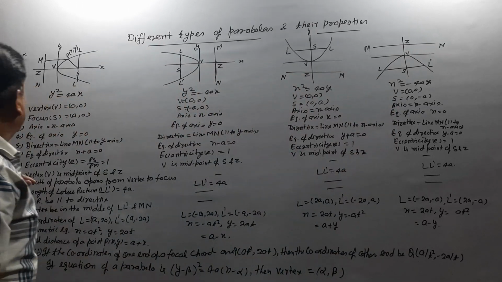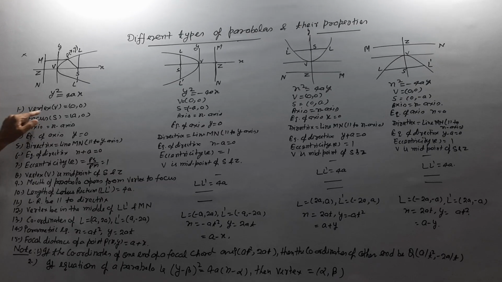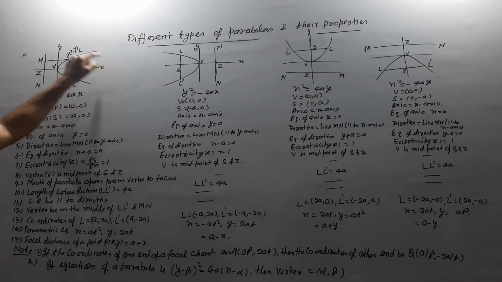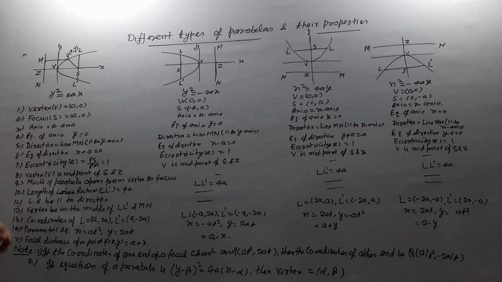Now come to the properties. Number one, the vertex is denoted by B, and the coordinates of the vertex are 0, 0 for this kind of parabola. In the picture, this point is B, which is the point of intersection of the x-axis and y-axis. So this is the origin, and the coordinates are 0, 0.